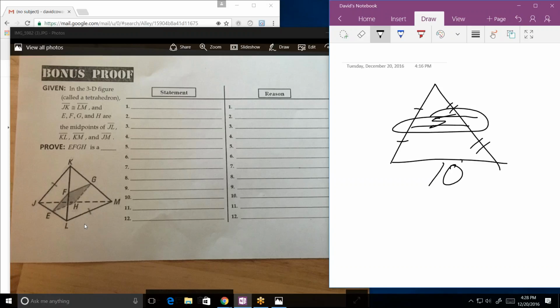Call it a pyramid. Notice that it's got a triangular base and it's got three triangular sides. That's a tetrahedron. The problem is that K can be anywhere. It doesn't have to be over the center of the triangle at the base. It doesn't have to be a regular tetrahedron. In a regular tetrahedron, K would be over the center, all three triangles would be congruent, and all three would be congruent with the base.